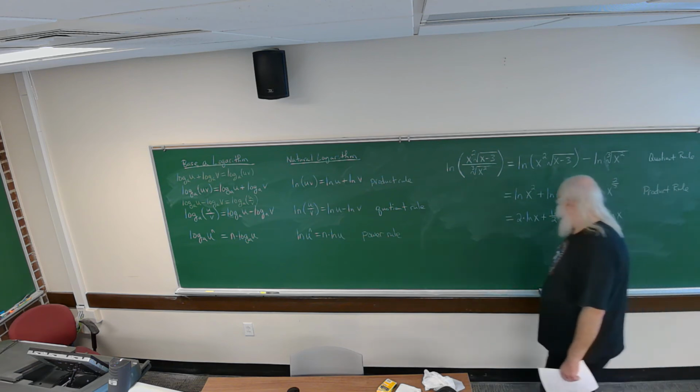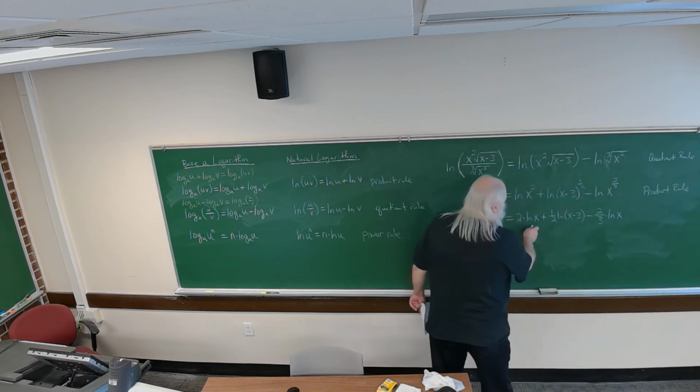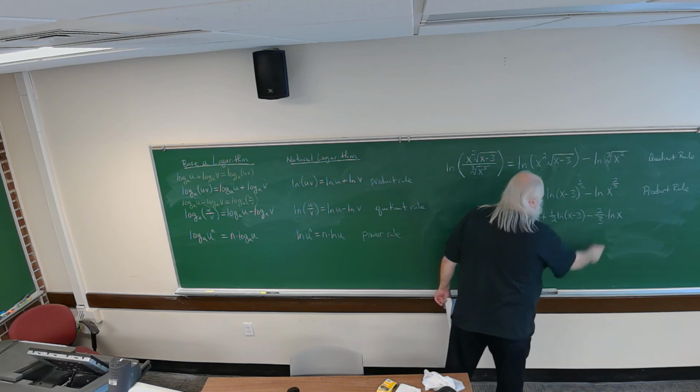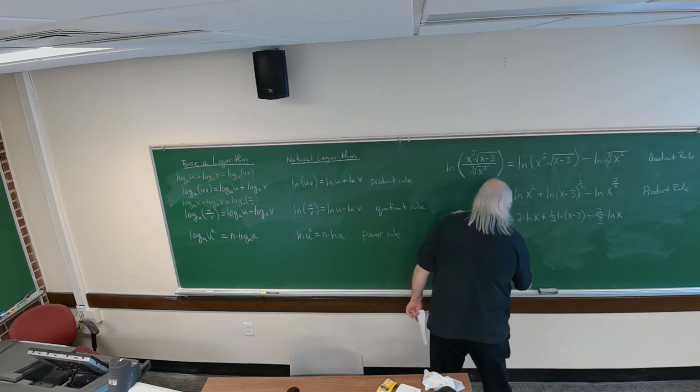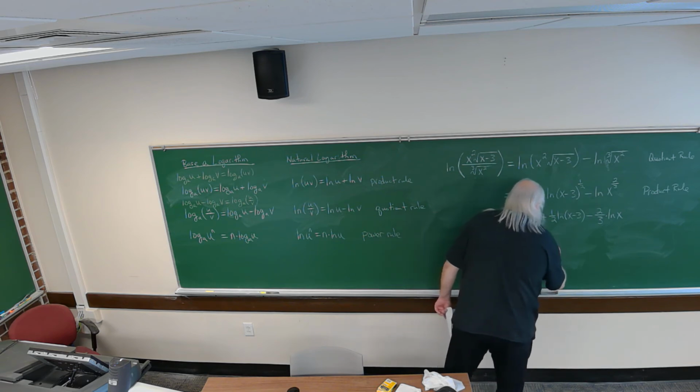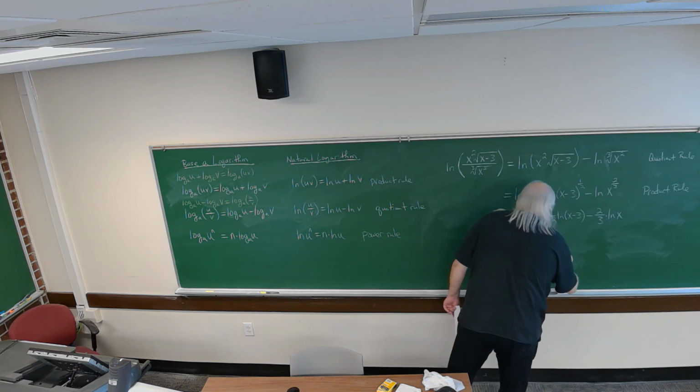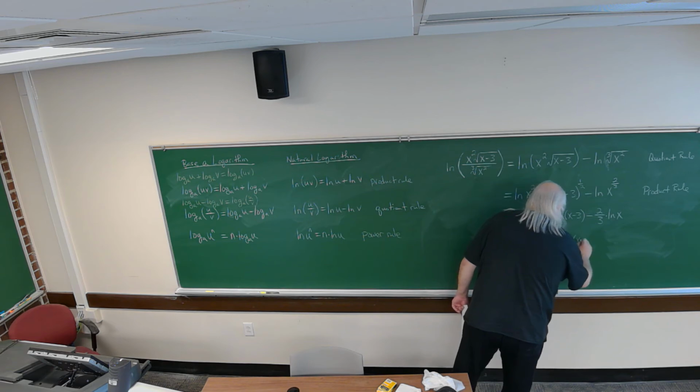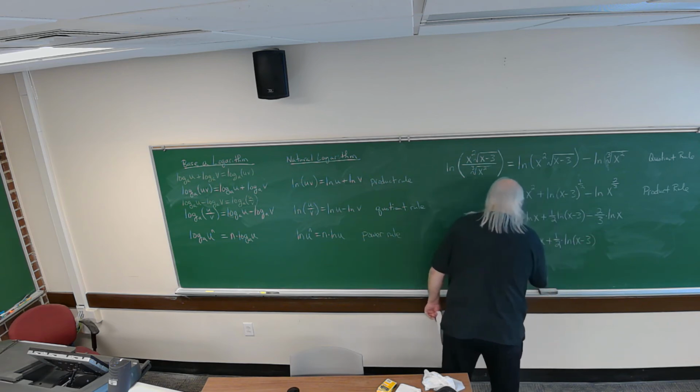So 2 natural log of x minus 2/3 natural log of x is equal to 4/3 times the natural log of x plus 1/2 times the natural log of x minus 3.